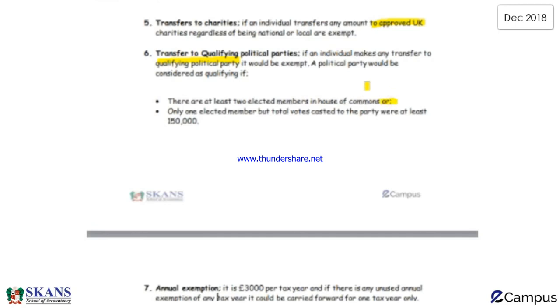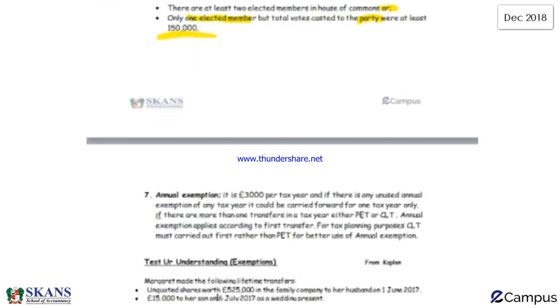Either of the two conditions must be met. The first one is that there should be at least 2 elected members in the House of Commons, but the second condition allows even one member, but in this case, the total votes cast for the party should be at least 150,000. So if this exemption applies, once again, the transfer would be referred to as an exempt transfer rather than a chargeable one.